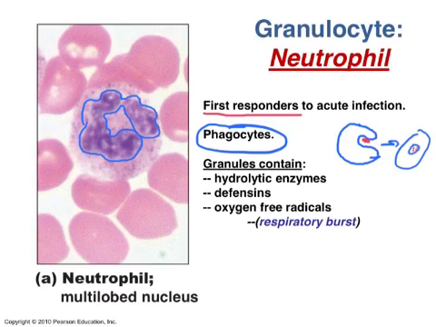And this multi-lobed nucleus also gives them their alternate name. These guys are sometimes also called polymorphonuclear leukocytes, abbreviated PMNs or PMLs.